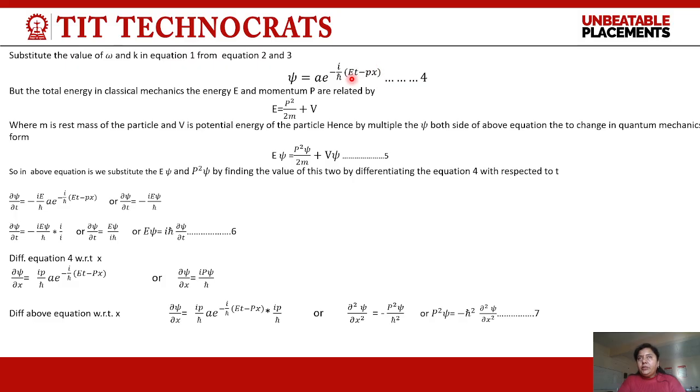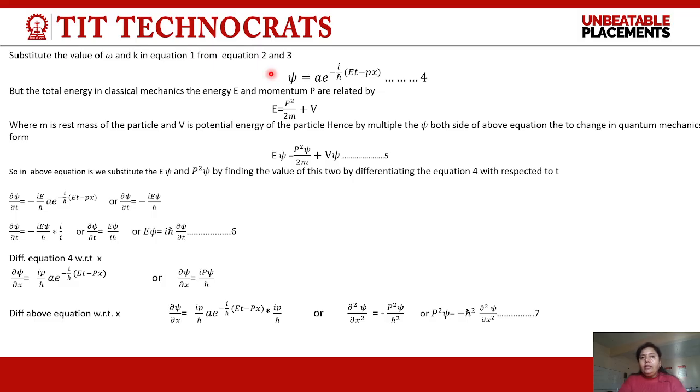So Et represents the wave nature and Px represents the particle nature. Now we have to solve this equation in the form of the classical wave equation. As we see, classical waves follow a second order differential wave equation, so by this solution we have to again make a second order differential wave equation.